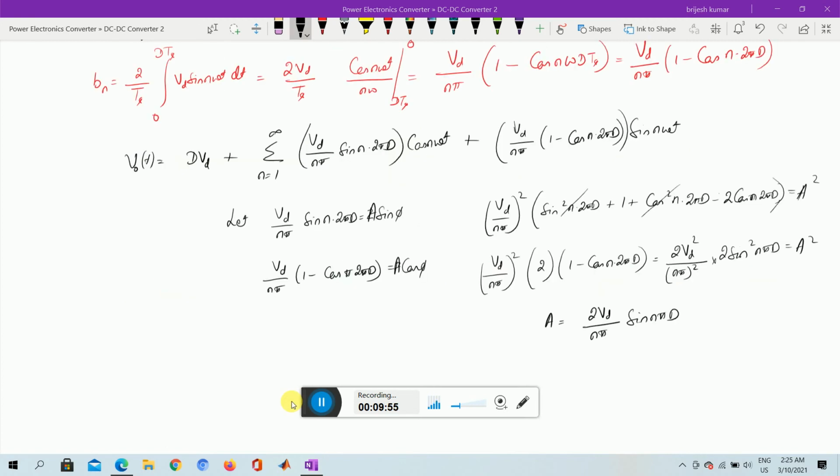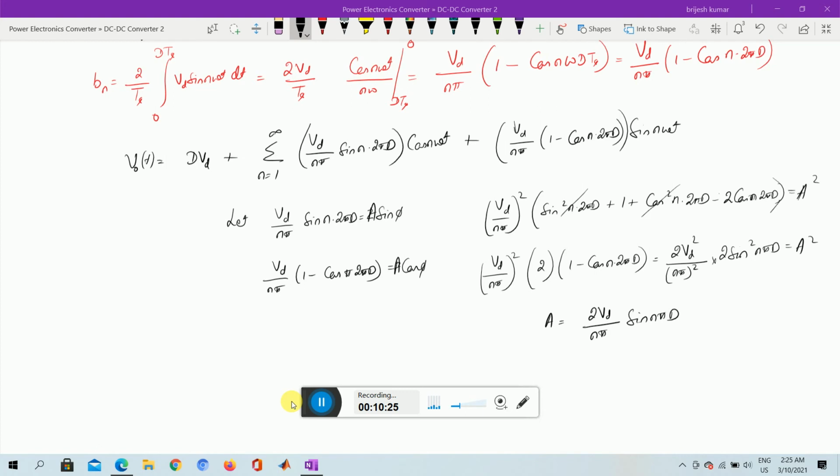So here we assume that this value is equal to A sine of phi. We are trying to convert this into the polar form, so this is A sine of phi, and similarly this is equal to A cos of phi. If we square both sides and add, it will come down like this. Sine square plus cos square is 1, so A square equals a square plus b square minus 2ab.